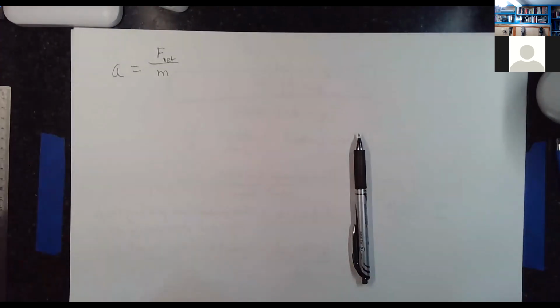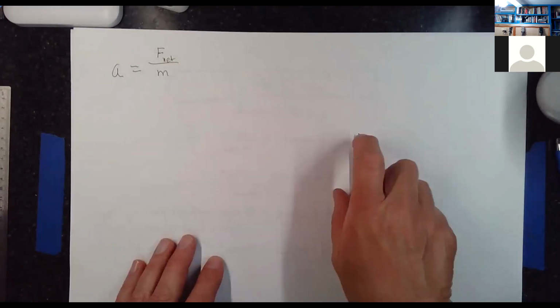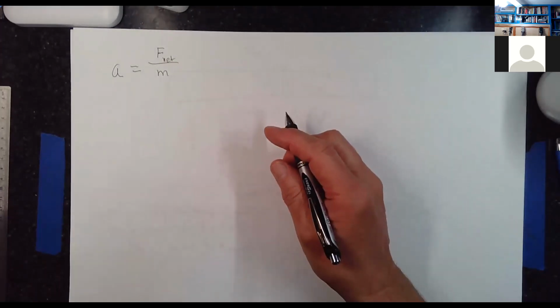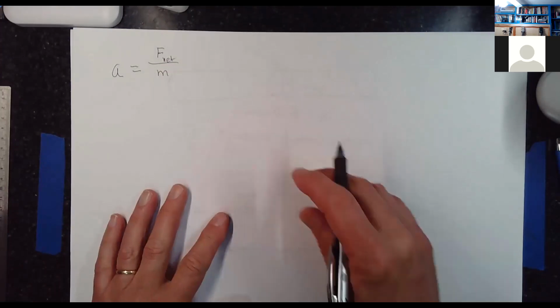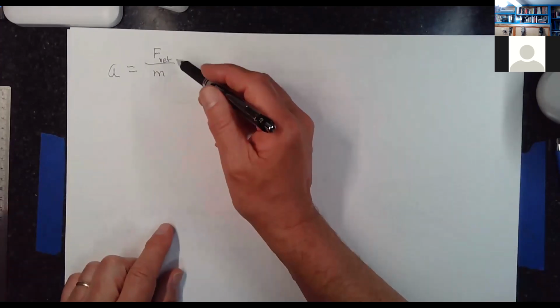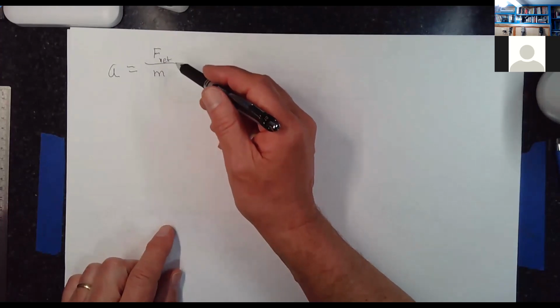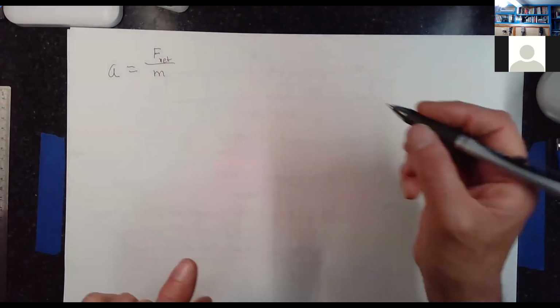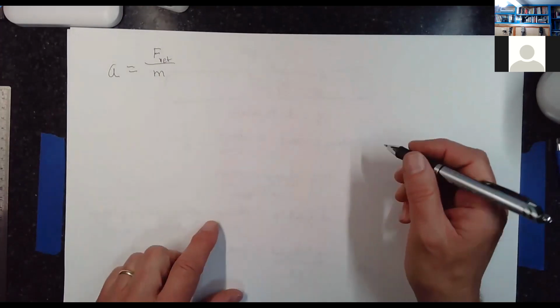But anyway, we've got this net force divided by the mass, and something that's challenging and that will show up in an awful lot of the Newton's second law problems is figuring out just what that net force is. And remember that forces are vectors.